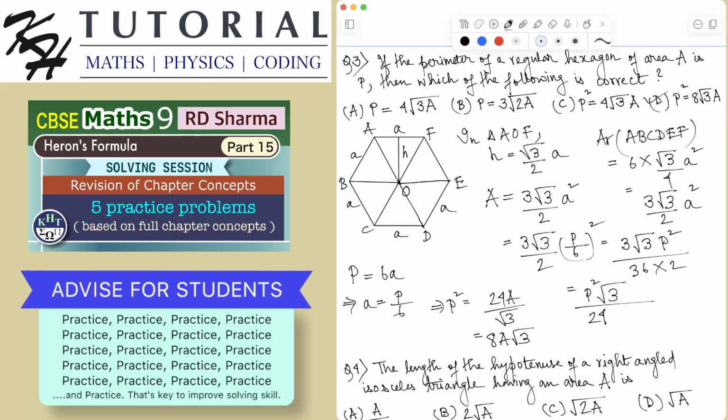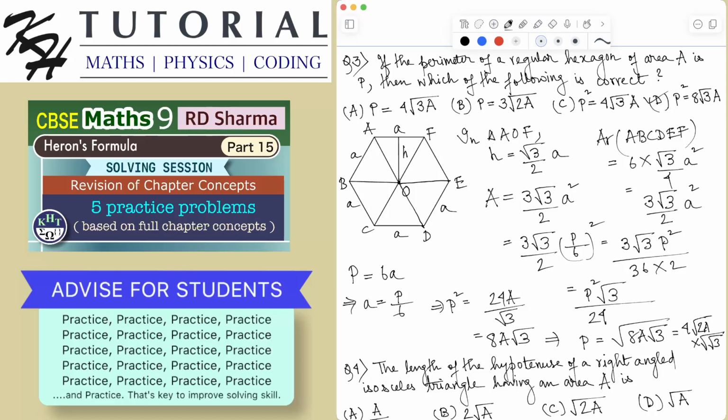But if you need to know what P will be, P is equal to square root of 8A multiplied by square root of 3. This is equal to 4 into square root of twice A multiplied by square root of 3. So P is 4 into square root of twice A multiplied by square root of 3.